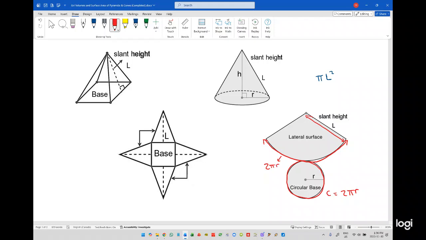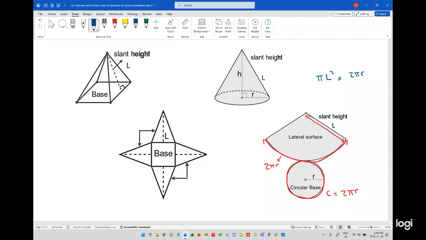So the area of the whole circle is pi L squared, but we have to multiply that by the fraction of the circle that we have. So if it was a quarter of a circle, we'd multiply it by a quarter. If it was a half a circle, we'd multiply it by a half. In this case, I don't know the exact ratio, but I do know that the arc length, or the distance basically around that we have, is 2 pi r.